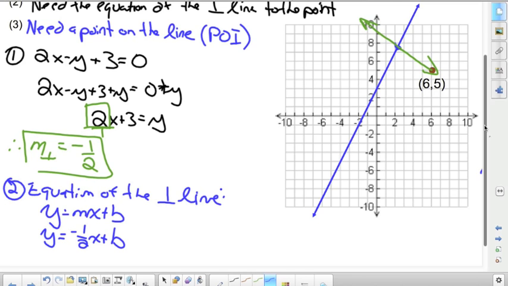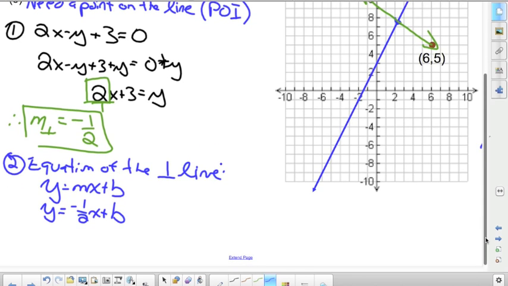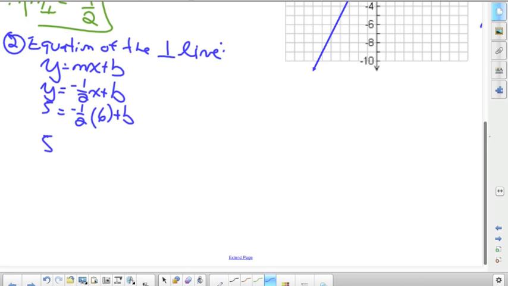Question: That slope, the 2x plus 3 is y, which line is that? That's for the blue line. Okay. So what we're saying here is when x is 6, y is 5. So that's how we solve for b. I get 5 is equal to negative 3 plus b.